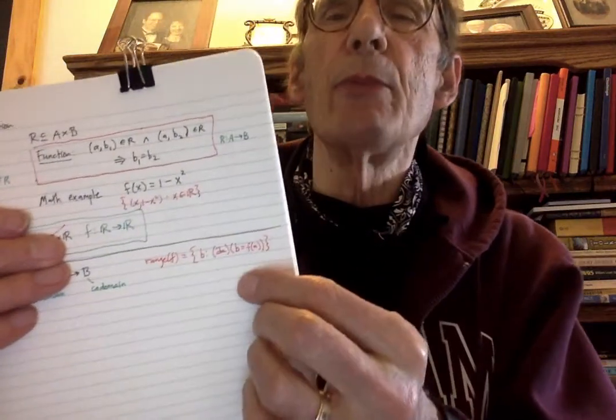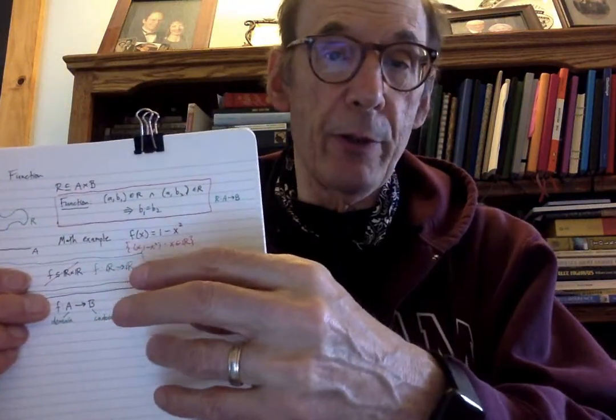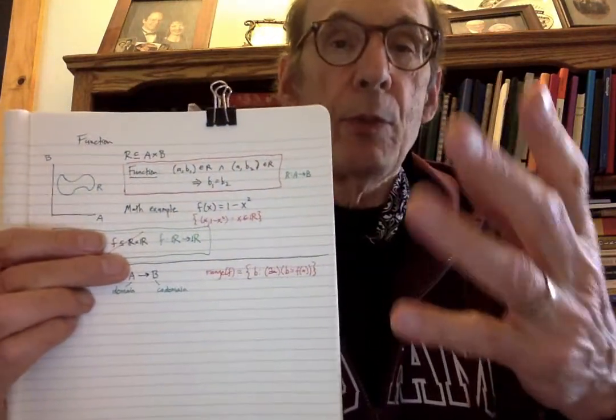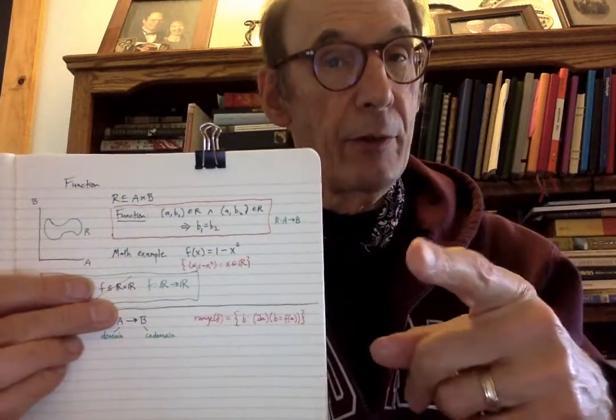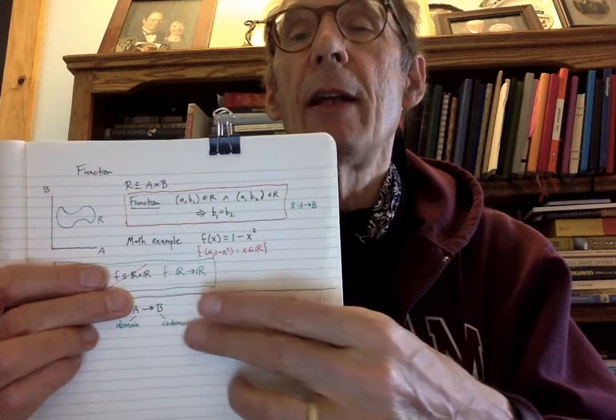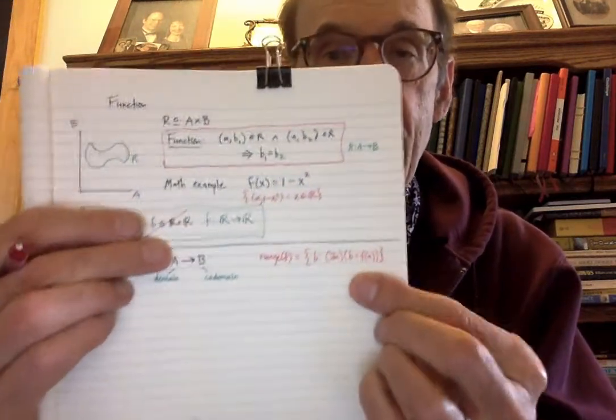I think I got the right number of parentheses there. So the domain is where you come from, the first part of the ordered pair. The codomain is the set you end up in. You may not hit everything. I'll show you an example of that in a second. And the things that you actually hit are the range. So when you go to the target range, you actually hit your target. It's almost the same thing.